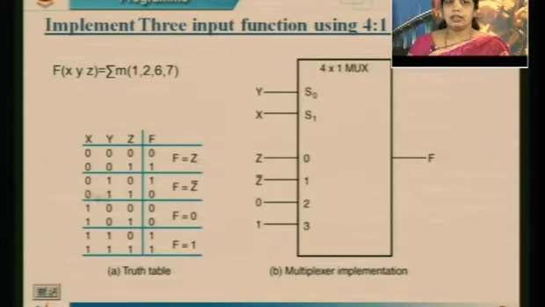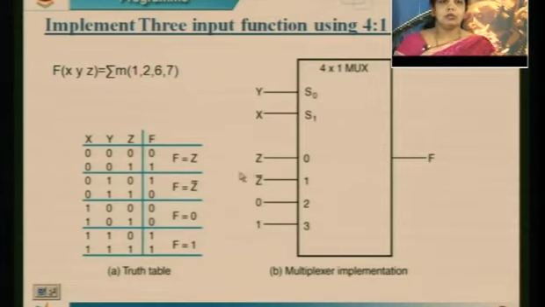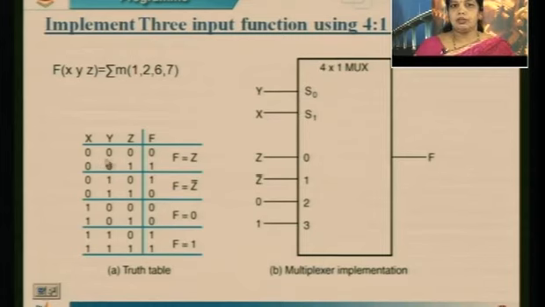Similarly, if I go for the second condition, when I apply 0 1 over here, based on this Z, if Z is 0 or Z is 1, my output will be the second, that is nothing but Z bar. So based on these selection lines, if it is 0 0, Z is selected; 0 1, Z bar is selected; 1 0, 0 is selected; 1 1, 1 is selected.